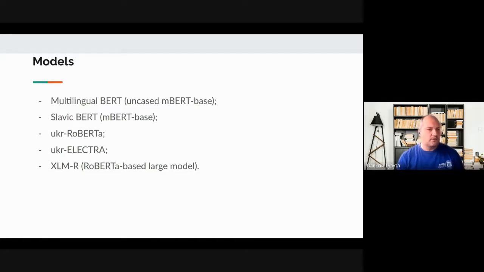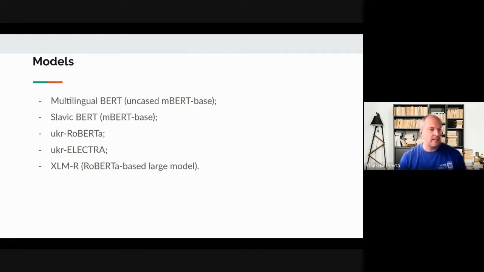The next model, Ukrainian Electra. We think that the Electra model provides better results compared with Roberta. Probably Ukrainian Electra will be about the same as Roberta.